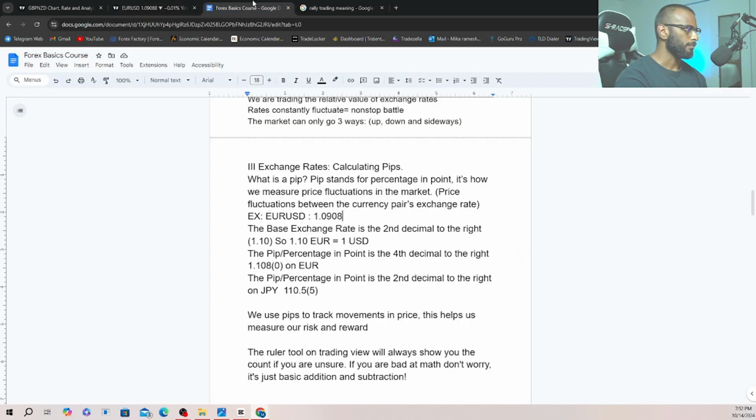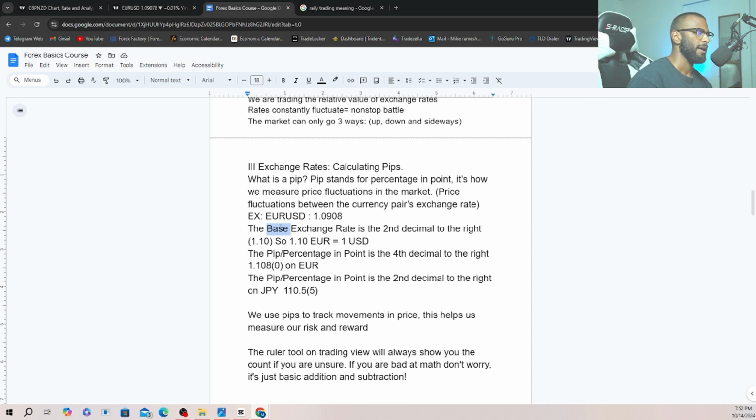So how are we going to now calculate the pips? You guys understand that the first 3 letters in the currency pair are what we call the base. For example purposes, the base exchange rate is going to be the second decimal to the right.